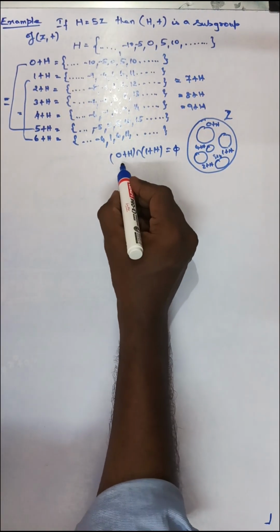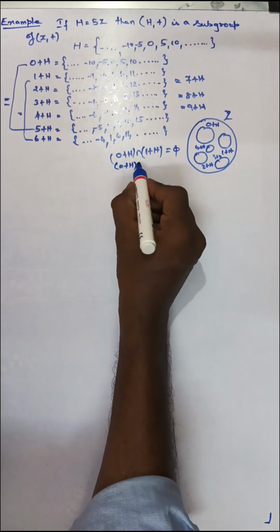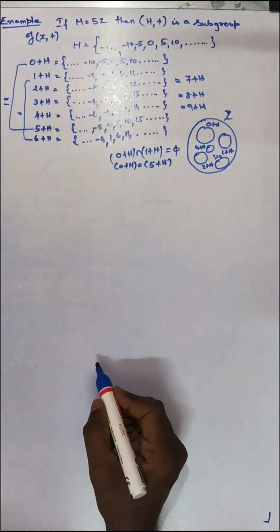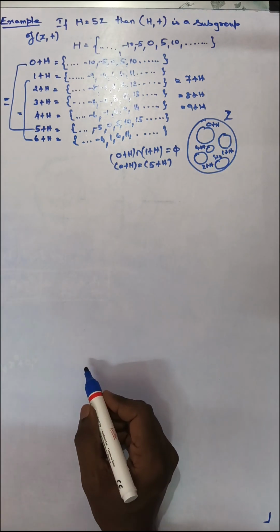Next, suppose you take 0 plus H, it must be equivalent to 5 plus H. So either the intersection of two left cosets is empty, or they are going to be equal.